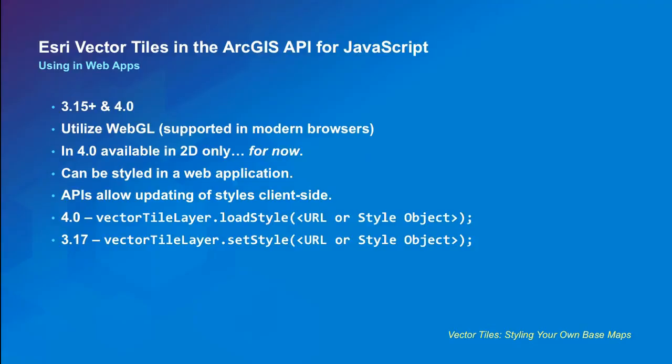They're also in the 4.0 version of the API. The APIs to work with vector tiles are slightly different between 3x and 4x, which I've got labeled on here. And one thing to know is that if you're working with the vector tiles in the browser, it does use WebGL, which is part of what drives our browser support. So they do not work in older browsers like IE9, IE8. It just won't work there.